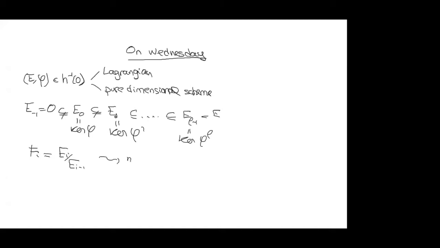To these filtrations we associate some invariants: the tuple n_i, the rank of F_i, and d_i, the degree of F_i. And these in fact classify the reducible components of the nilpotent cone.